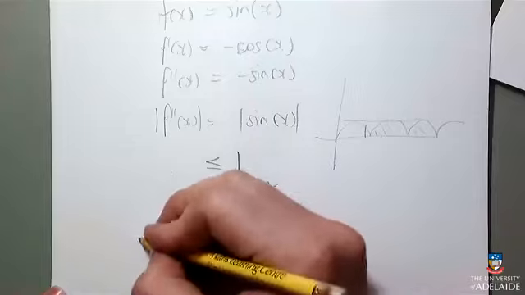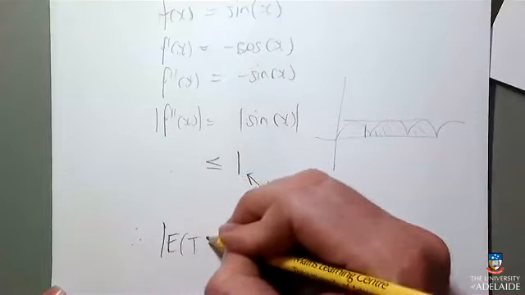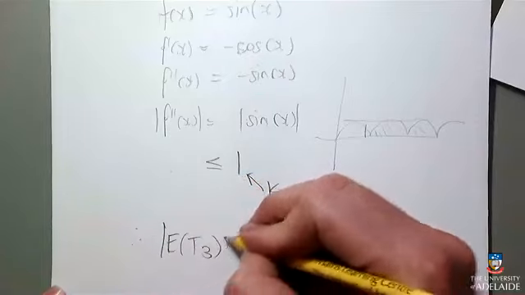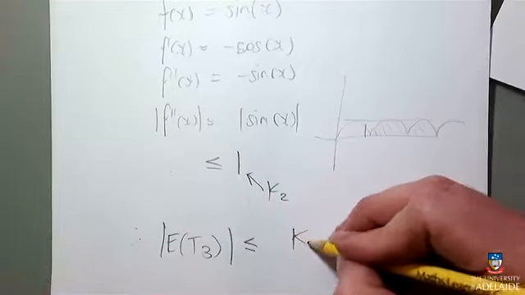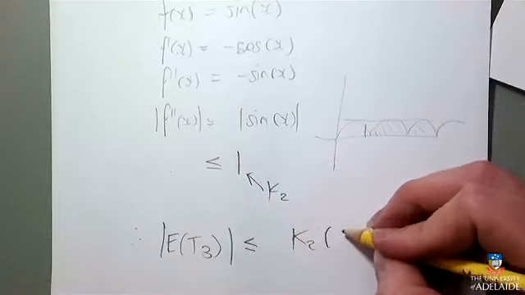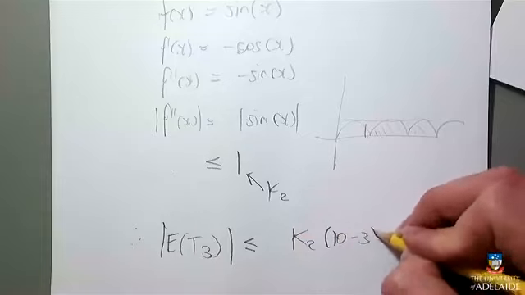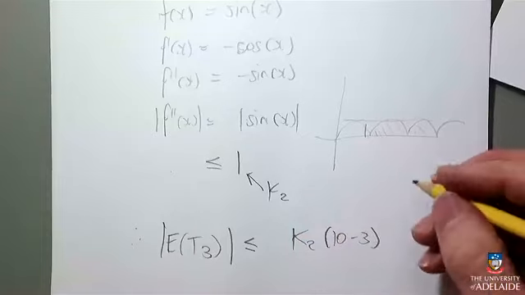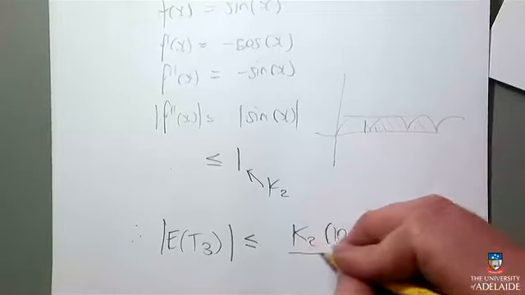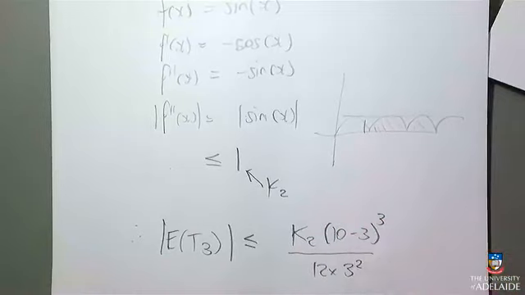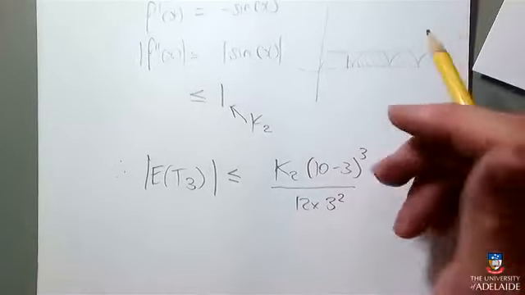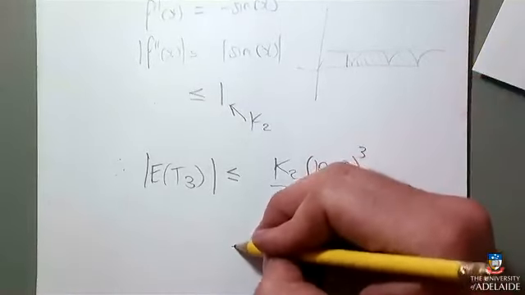And so therefore the error in the trapezoidal rule with 3 intervals is less than or equal to, now what was it, K2 times (b minus a), which was 10 minus 3, to the power of 3, over 12 times 3 squared, which is going to be an awful, awful number.